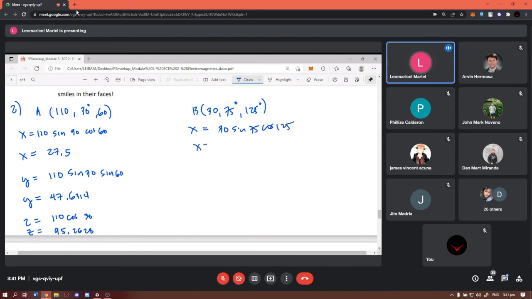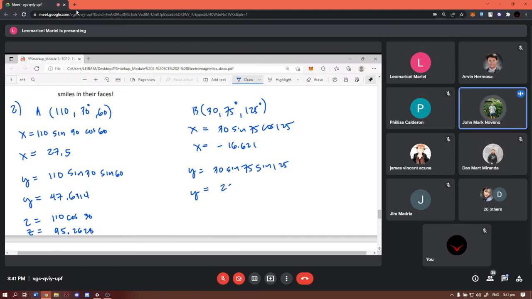What is your X here? Negative 16.621. How about your Y? So that will be 30 sine 75 sine 125. Answer? 23.7372 po.